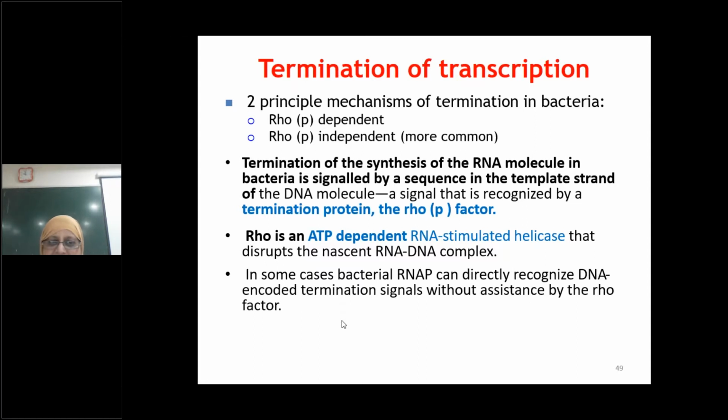But in some cases, in the Rho independent termination, bacterial RNA polymerase can directly recognize the DNA encoded termination signals without the assistance of the Rho factor. So even without the Rho factor, sometimes it can independently terminate the transcription.